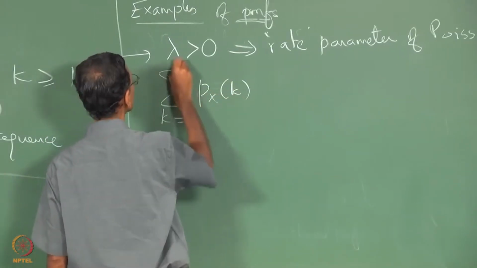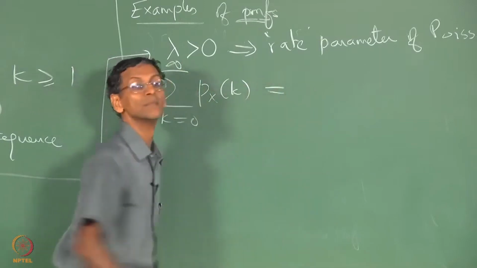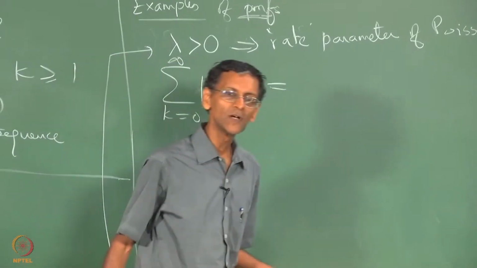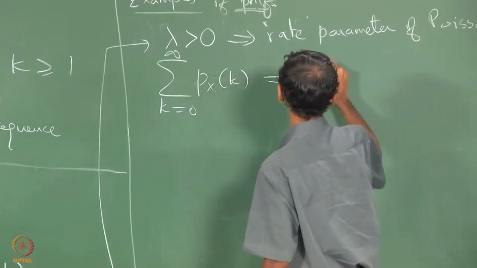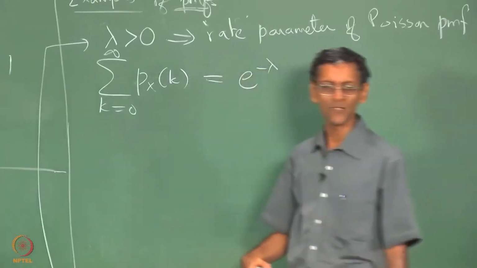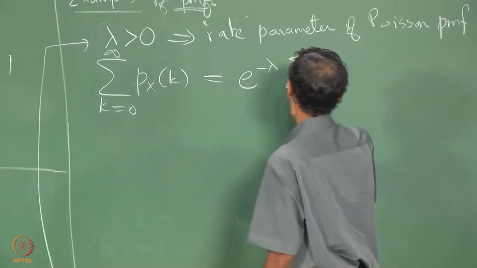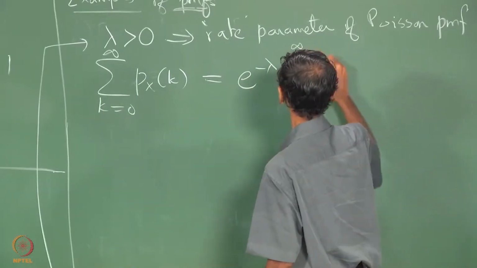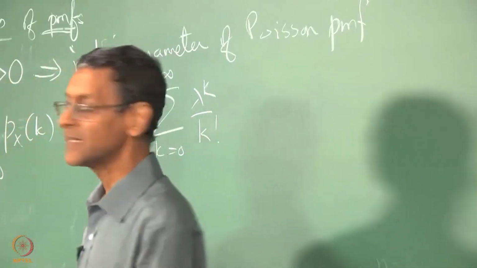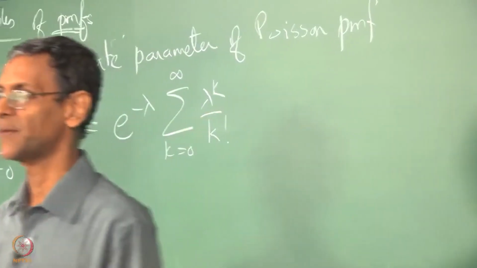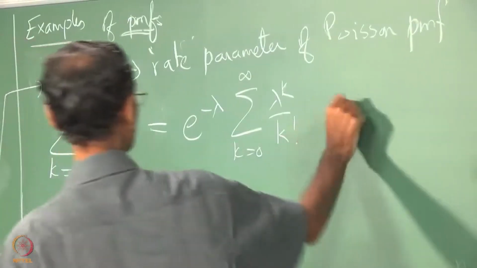Why is it true? Because you have the exponential series. This e power minus lambda turns out to be the normalizing term, because this quantity here, everybody knows from the Maclaurin series, must be e power plus lambda. So this is clearly unity.